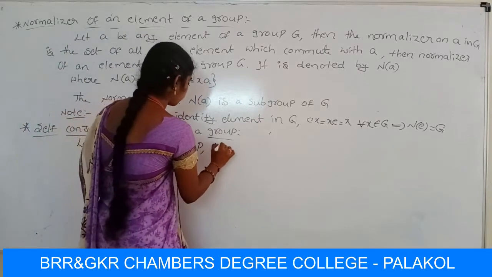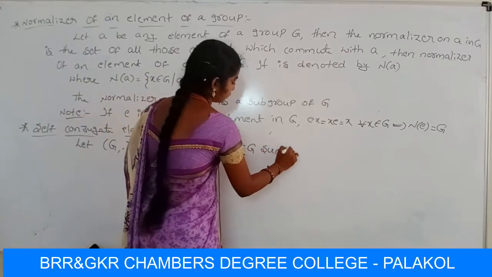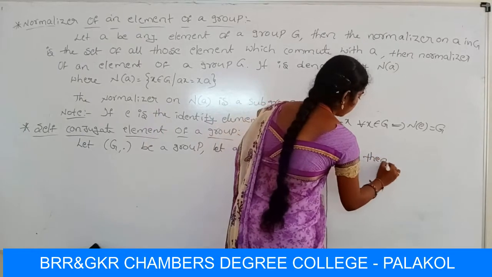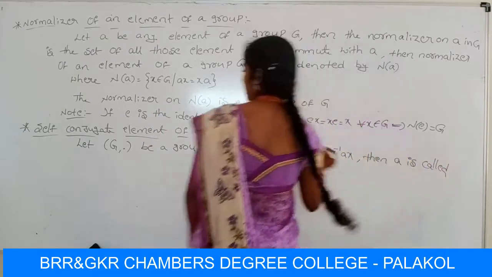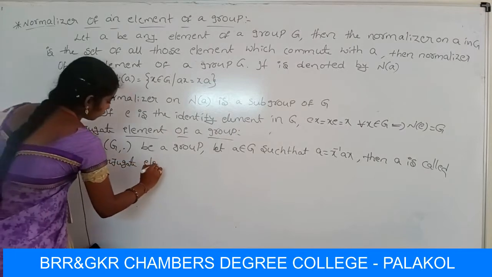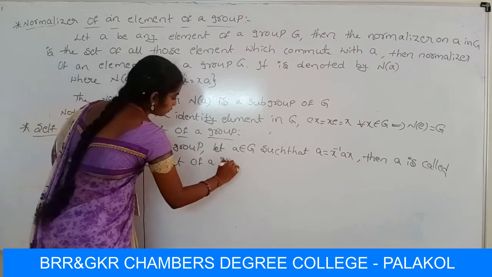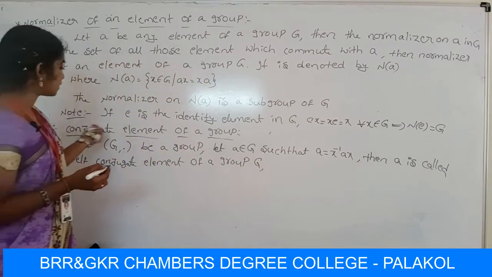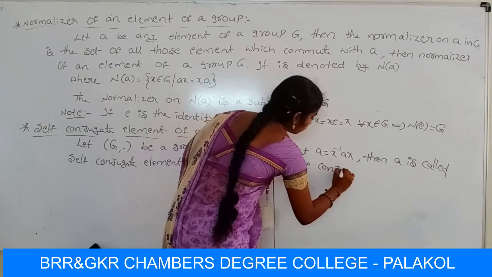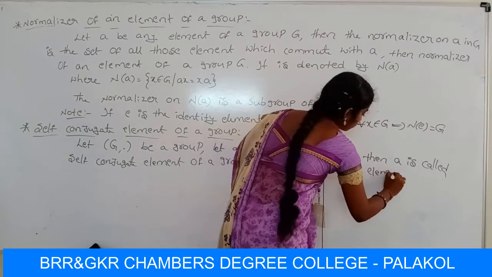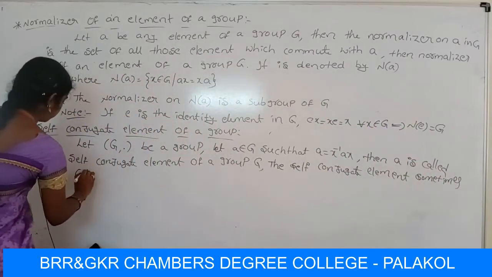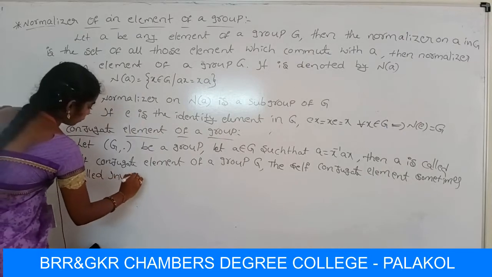Let A belongs to Z such that A equal to x inverse ax, then A is called a self-conjugate element of a group Z. The self-conjugate element sometimes called invariant element.